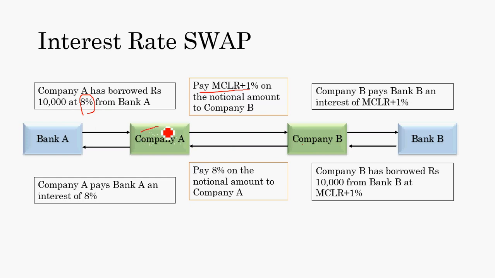So company A is effectively paying a floating rate, whereas company B is effectively paying a fixed rate. Company A, from its fixed rate liability, has changed to a floating rate liability. Similarly, company B has changed its floating rate liability to a fixed rate liability. So this is what will happen in an interest rate swap.